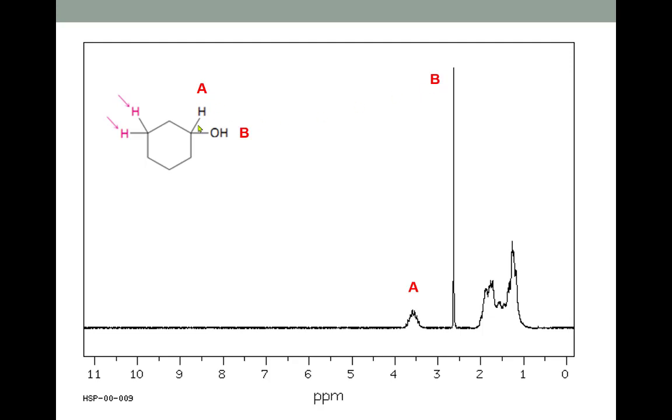The hydrogen attached to the same carbon as the OH group is affected by the electronegative pull of the oxygen. And so this hydrogen is more deshielded than any of the other hydrogens attached to the ring. We see it moved up a little bit, showing up just above 3.5, maybe 3.6 on our scale, labeled as A.